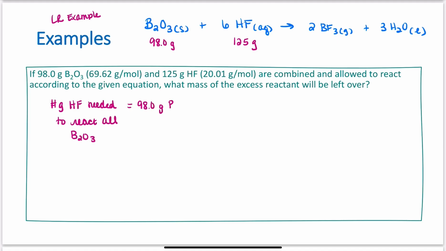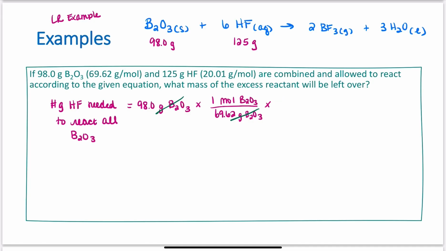So 98.0 grams of B2O3, convert that to moles. 1 mole of B2O3 is 69.62 grams. Now you're in moles. Now you can convert to moles of HF.